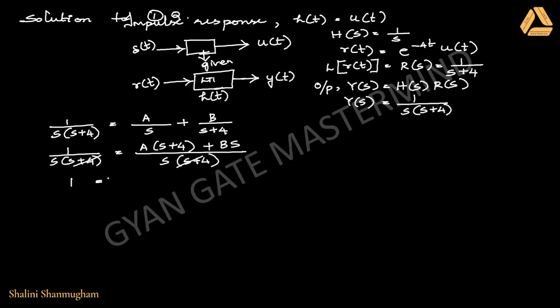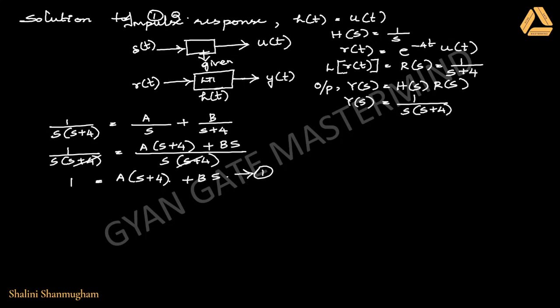So these two cancel each other, a into s plus 4 plus bs. So we have to solve this equation, equation 1, such that we can find a and b separately.